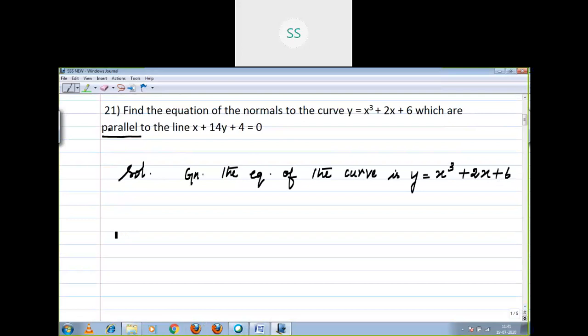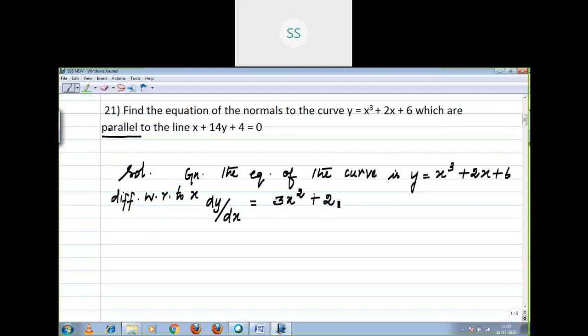First step, as I told you, you have to differentiate with respect to x. So, the left hand side, what do you get? dy by dx, which is equal to 3x square plus 2.